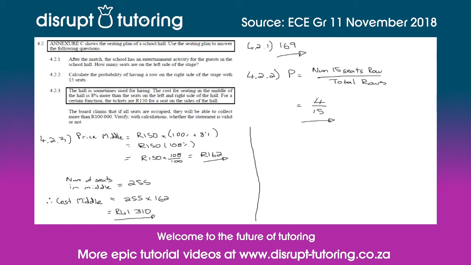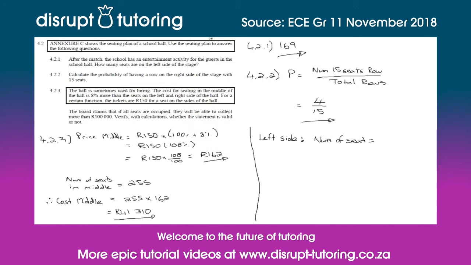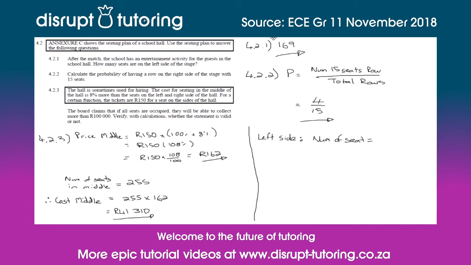And from the previous question, so the left hand side, we've already done the total. So if you remember, we had counted how many seats there are, so it's 169, and we had given the total over there. So the total number of seats is 169.